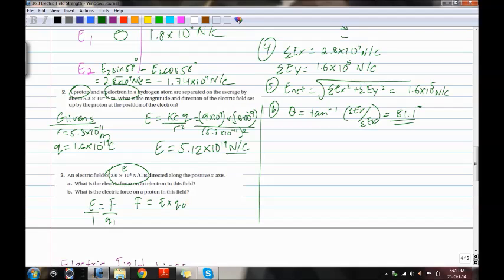Because they said electron and proton, the Q would be 1.6 times 10 to the power of negative 19, that we have used in the lessons before. So we apply the formula: 2 times 10 to the power of 4 times 1.6 times 10 to the power of negative 19. So the answer for F would be 3.2 times 10 to the power of negative 15 Newton, because it is a force. This answer is both for A and B.